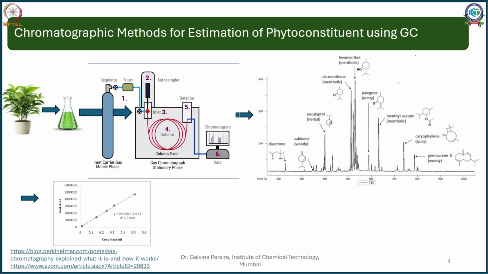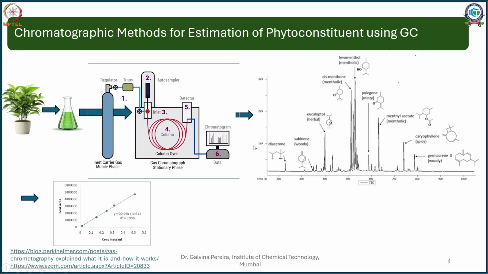Once they come into the vapor phase, they will start moving along with the carrier gas. As they are moving in the carrier gas, they further get resolved in this column based on their affinity either to the stationary phase or to the mobile phase, and then they are eluted. Once they are eluted, they are detected by the detector, and this is how you see the chromatogram.